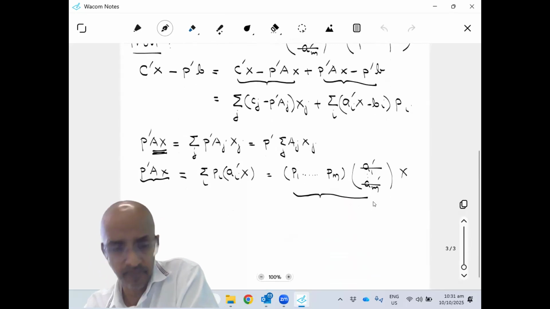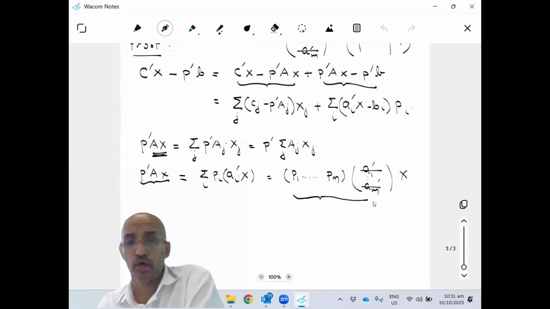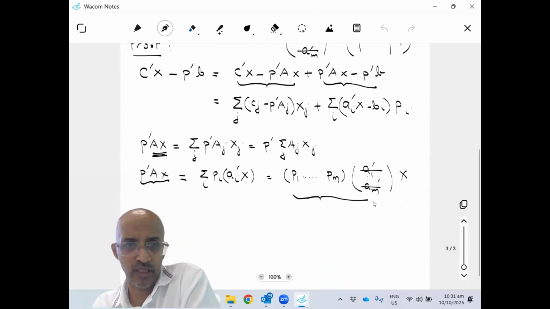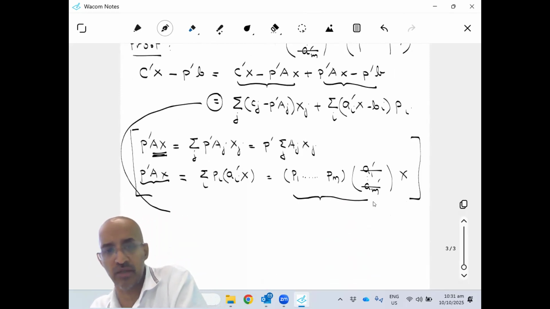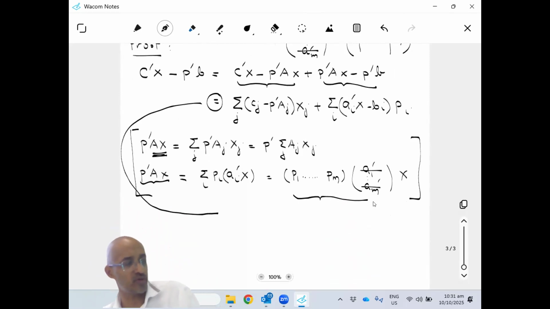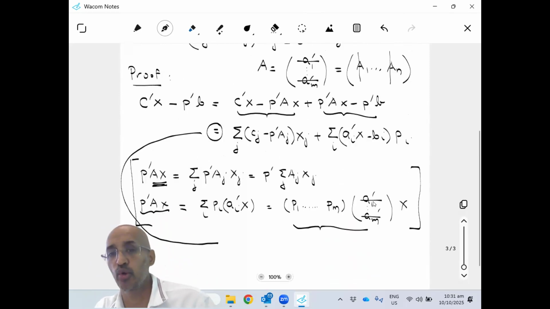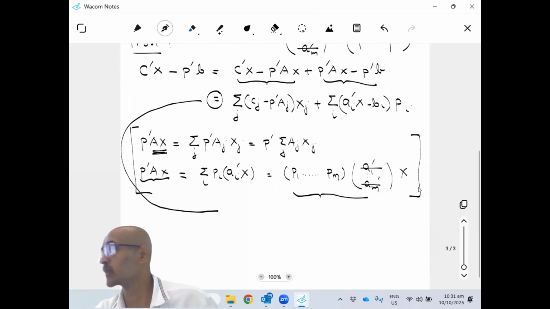Is that clear? Okay. So what do we know about this equality? If you look at the table, if this is non-negative, this is non-negative.